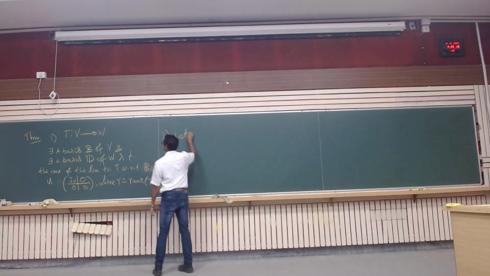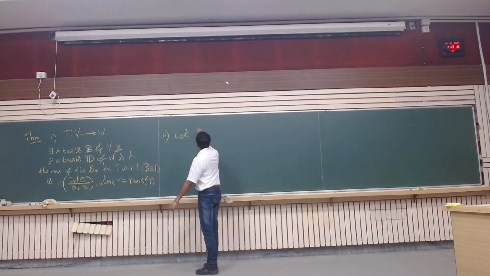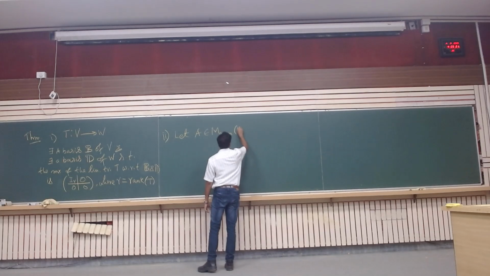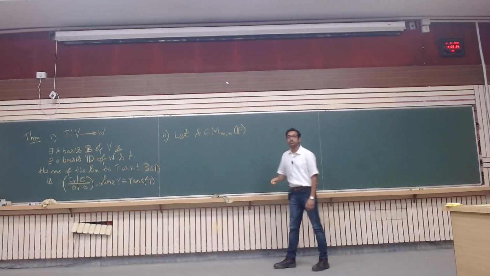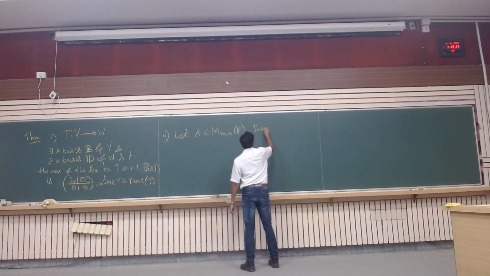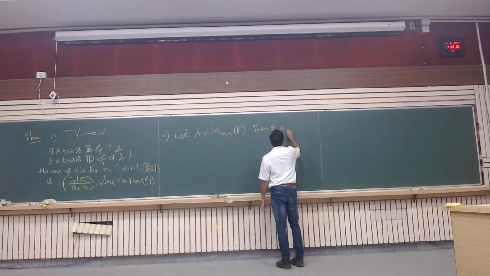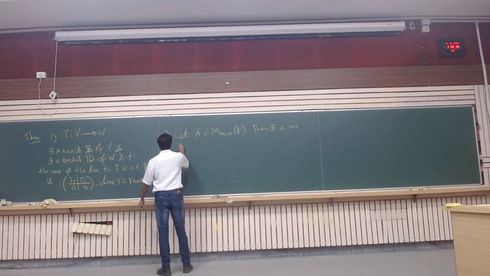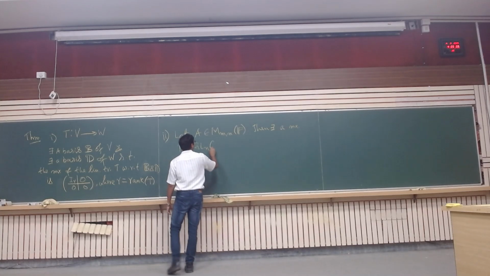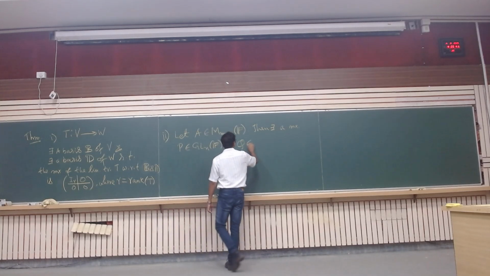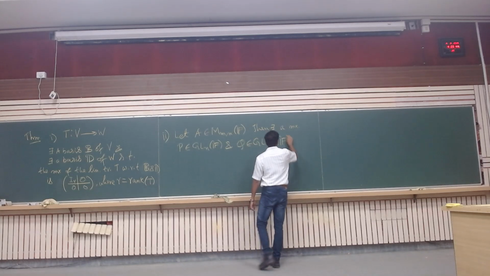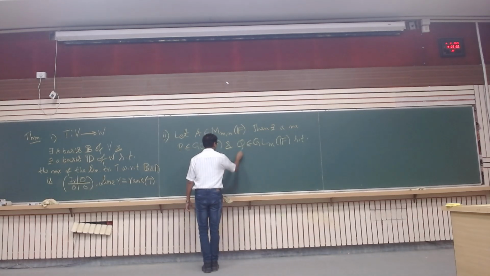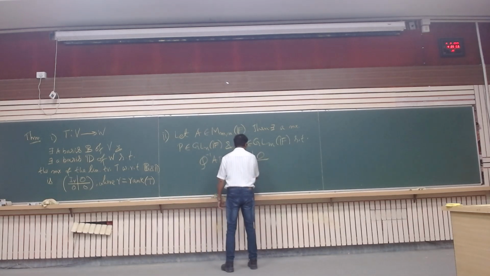So let A be a matrix with m rows and n columns, then there exists a matrix P in GL_n(F) and Q in GL_m(F) such that Q inverse A P is of this form [I_r 0; 0 0].